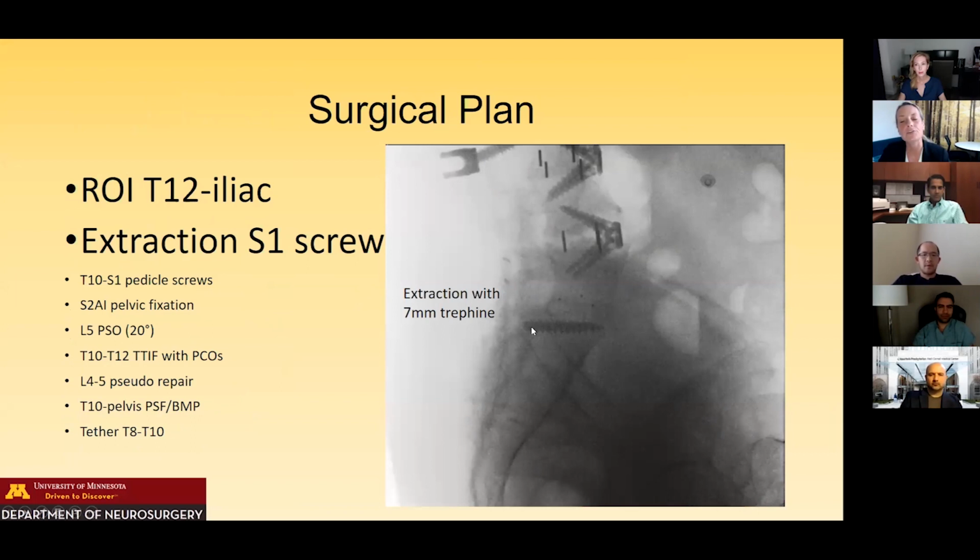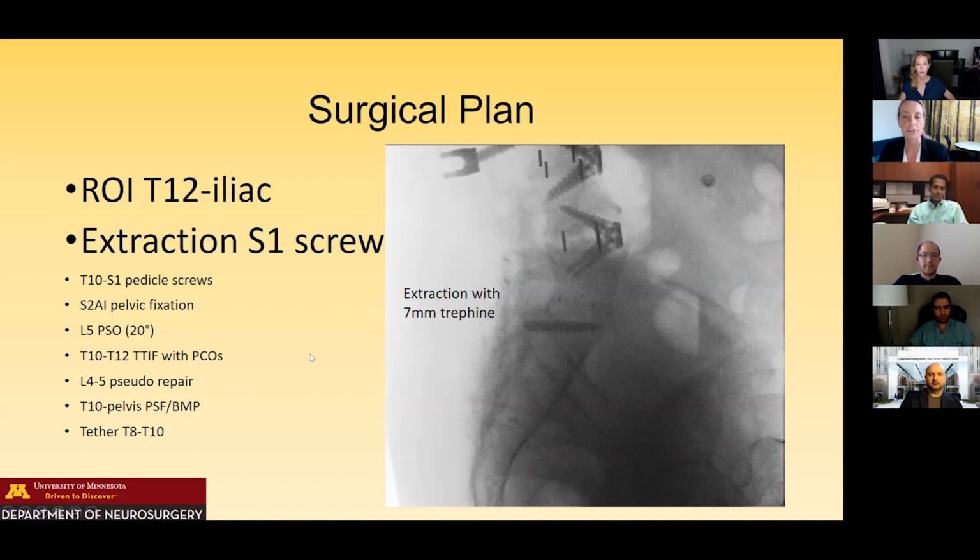So we wanted to get this screw out, and because of the transitional segment anatomy, there really wasn't a good channel to put a different trajectory of screw in. There are a lot of different ways to extract a screw, but a particularly effective one to avoid overboring the pedicle out and losing purchasability is to use a trephine. We basically used a 7mm trephine around this screw, extracted it, and we were able to put a larger, longer screw in with good purchase.